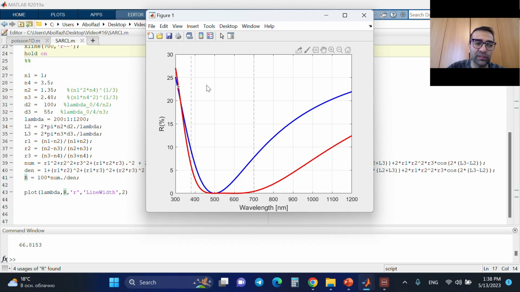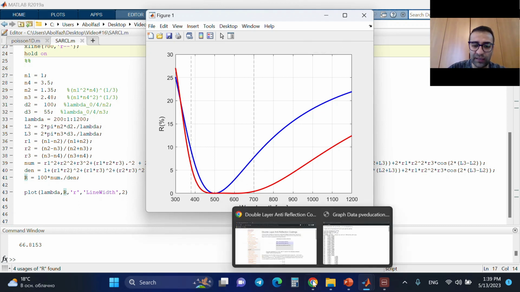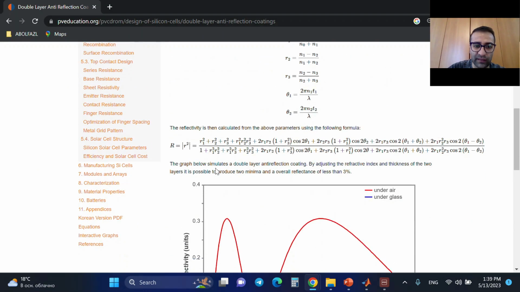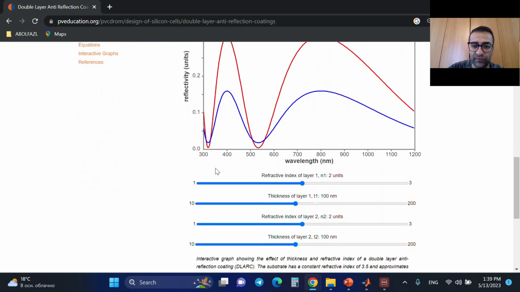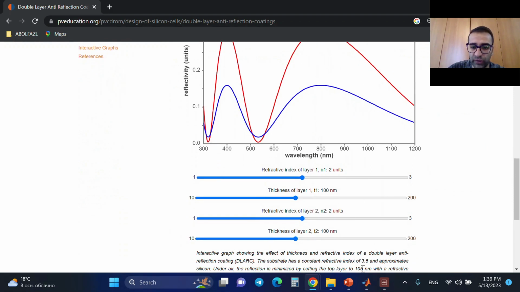And you see that by utilizing two thin layers instead of one, you can easily increase the bandwidth of the zero reflection. And you can check this graph against the graph on the website, just for comparison.